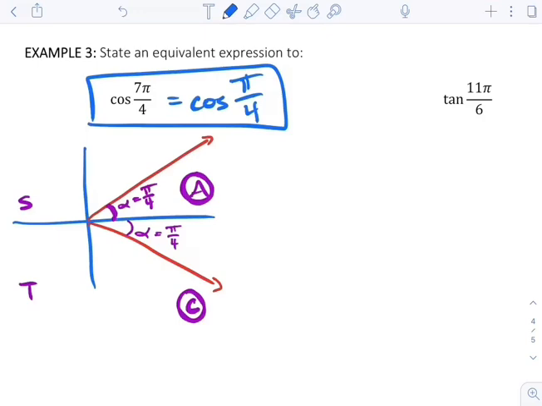If I put in cos 7 pi over 4, I get positive 0.7071, which is the exact same thing as cos pi over 4. They're equivalent expressions. They give us the same value.